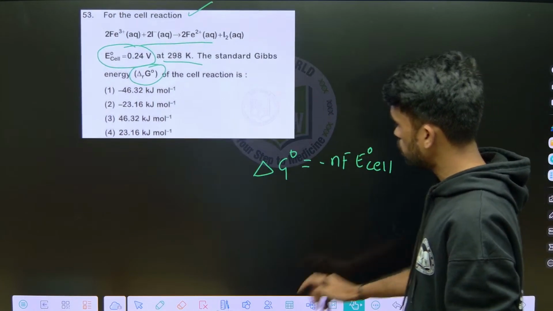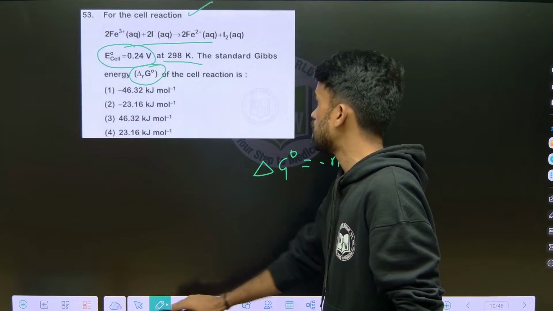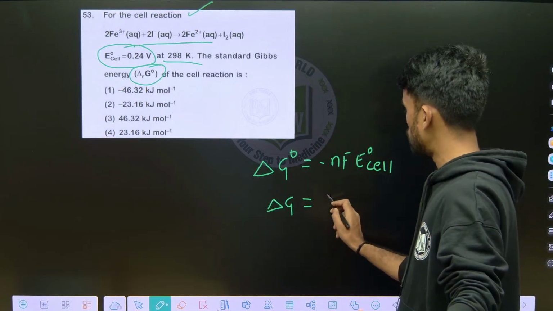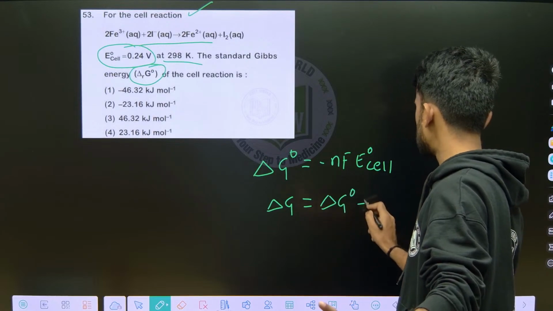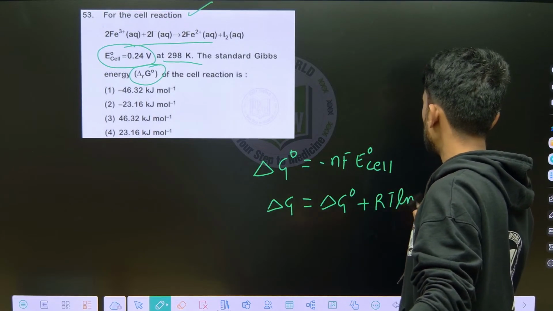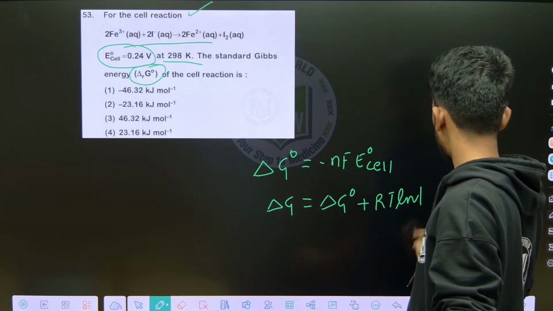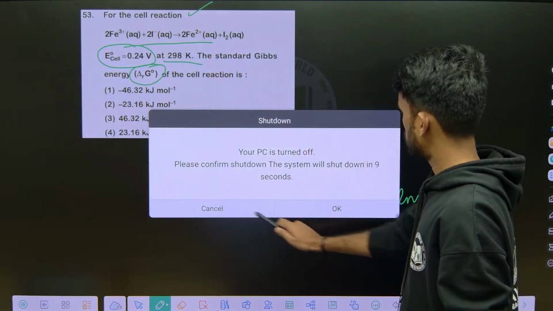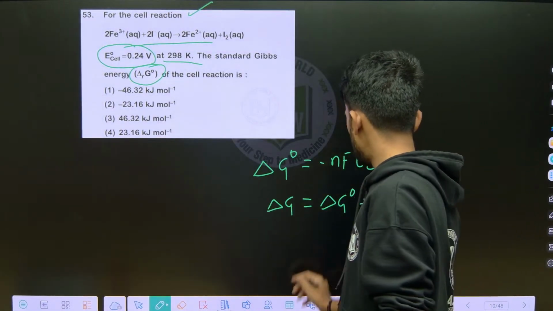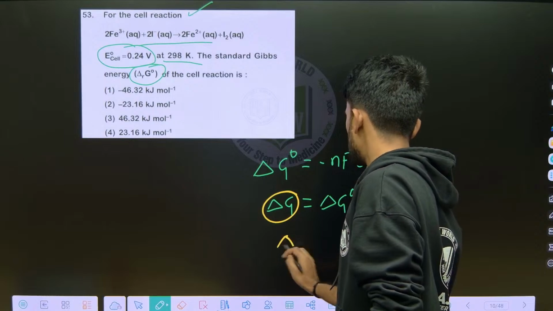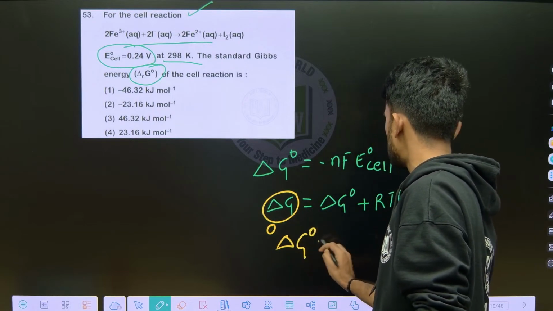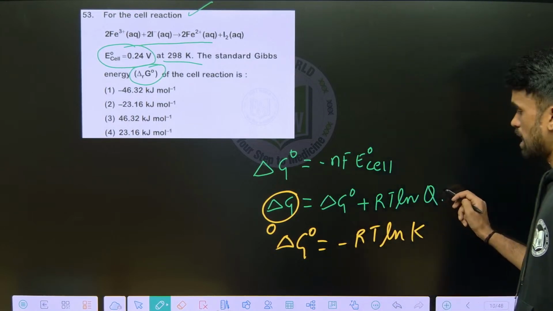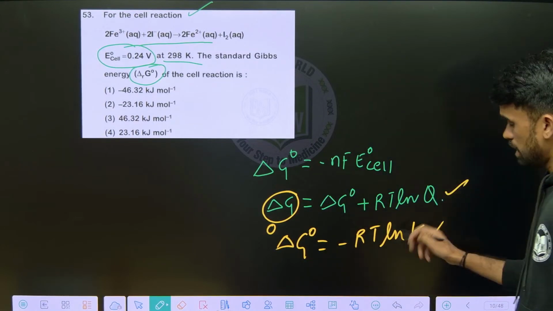And we also have one more formula, delta G equals delta G0 plus RT ln Q. For an equilibrium reaction, we say delta G is 0. If it is 0, then delta G0 becomes minus RT ln K. Q is the reaction quotient, K means the equilibrium constant.